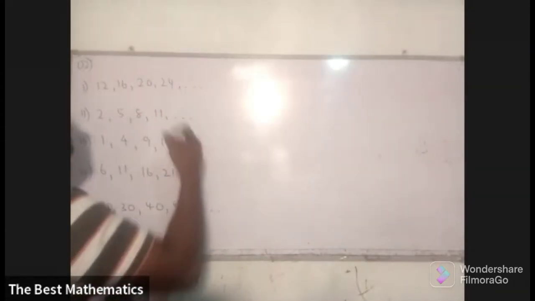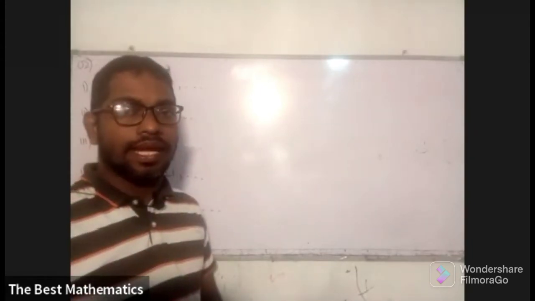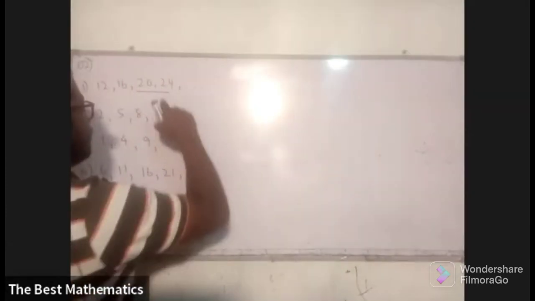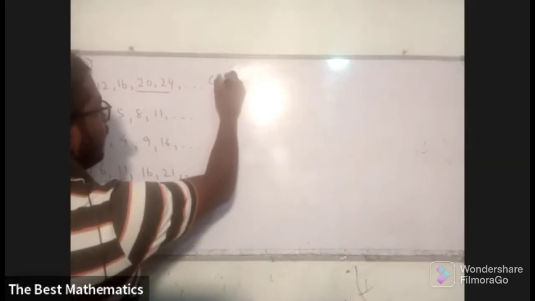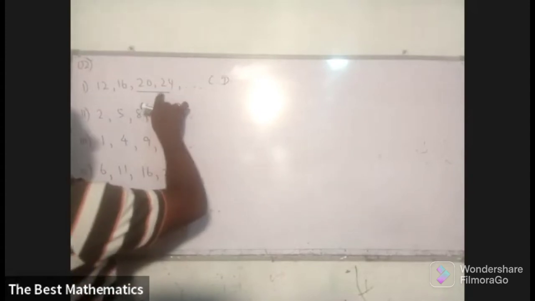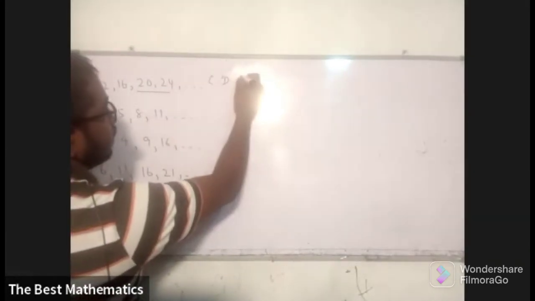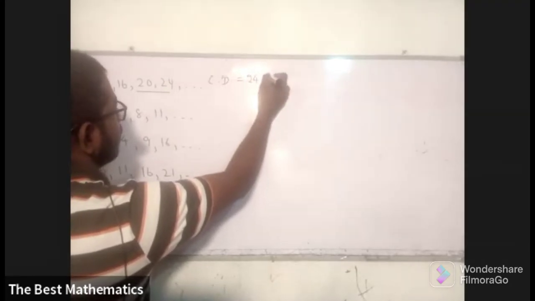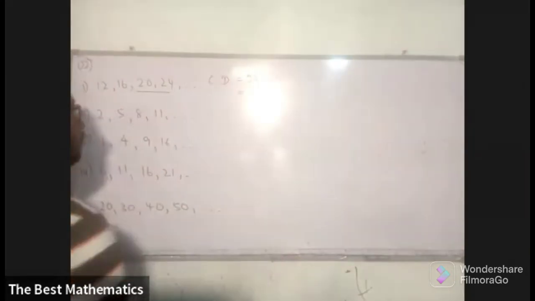Consider any two successive terms, then subtract the previous one from the next one. I write the common difference as CD here. 24 minus 20, so the common difference is 4.